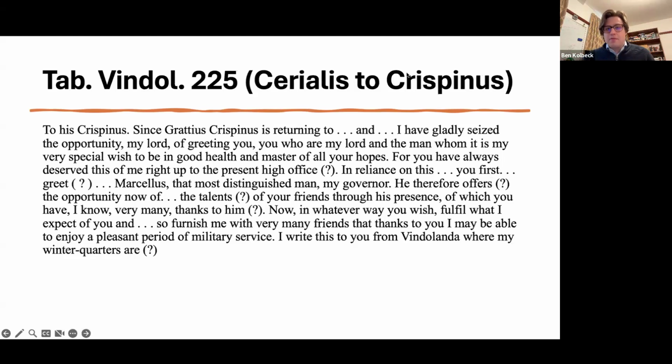Now, one figure that's very well represented in the evidence is the commander of the fort, who at one point in the very early 2nd century was a man called Flavius Cerialis.